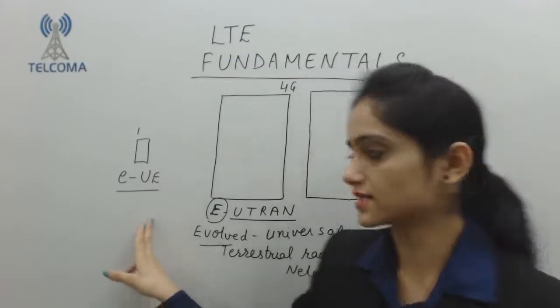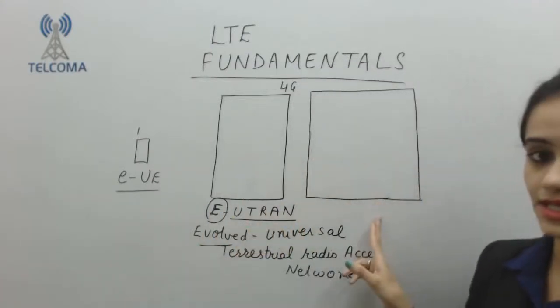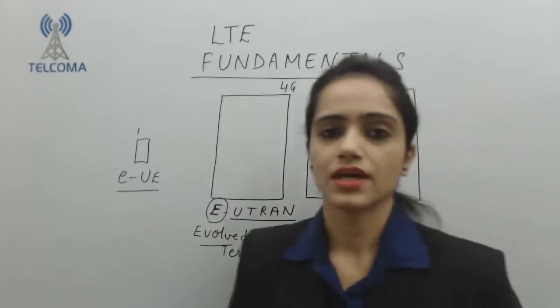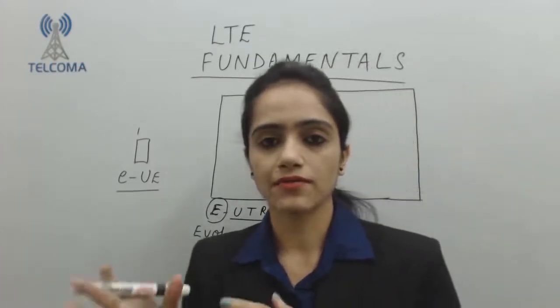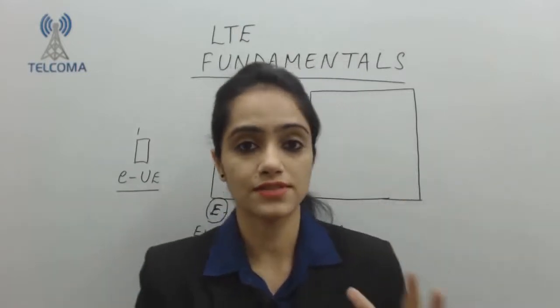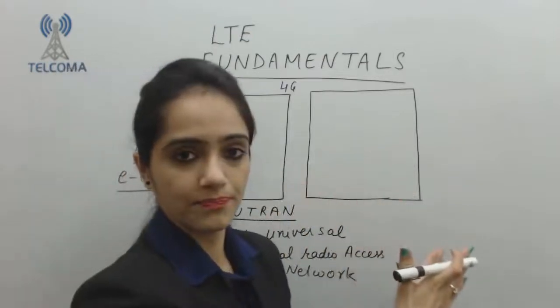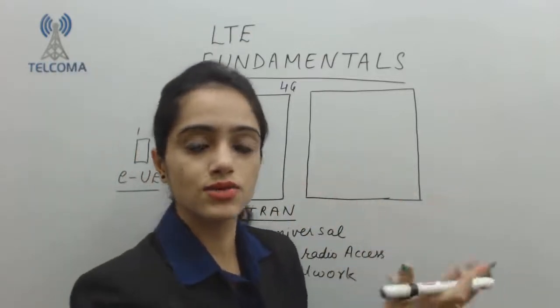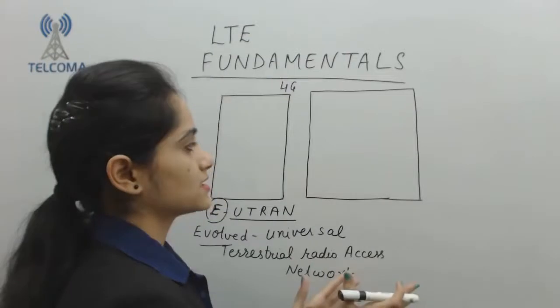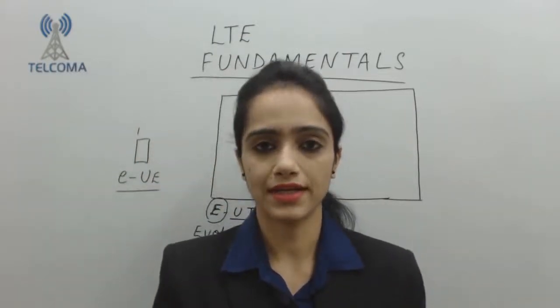So EUE is connected to the EUT RAN part, and the EUT RAN part is again connected to the core network. Now, whenever we evolved from 2G to 3G cellular system, in 3G we changed the RAN part, but we did not change the core network, as 3G is again circuit switched and packet switched. But in 4G, our requirement is only packet switching, only data rate.